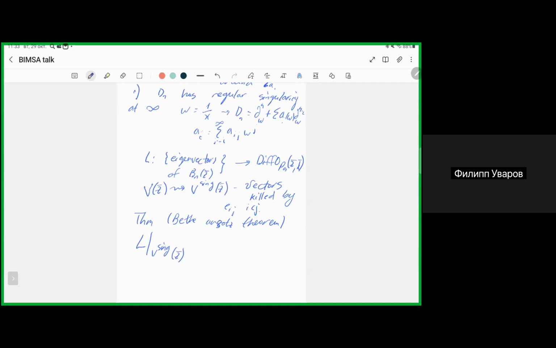My Bn actually commutes with the action of GLN, so it can be restricted to singular vectors.